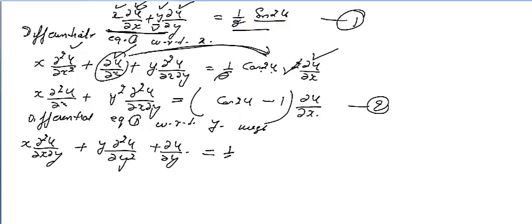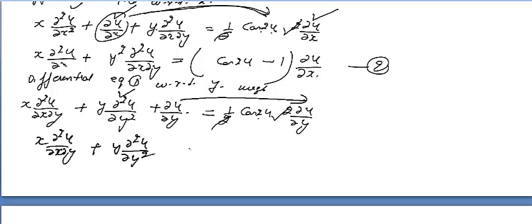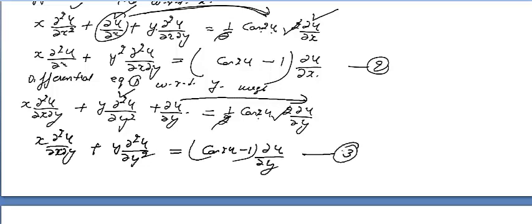So this will become 1/2 outside, derivative of sin is cos 2u, and derivative of 2u again 2 ∂u/∂y, so this is cancelled out. So you will get x ∂²u/∂x∂y plus y ∂²u/∂y². Now this will be shifted here. You will get cos 2u minus 1 into ∂u/∂y. This is equation number 3.